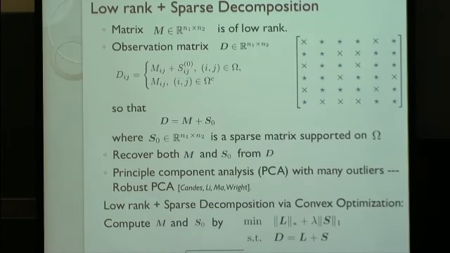Your singular vectors should not be too close to the coordinate vectors. Also, the elements you sample should be randomly sampled. If you have that, they have some theory about what the chances are that you can recover this M and S0.